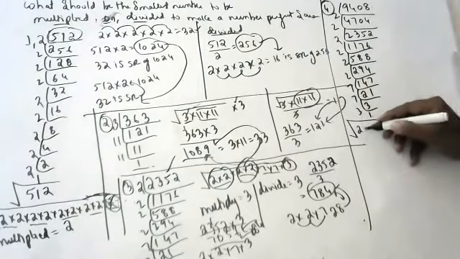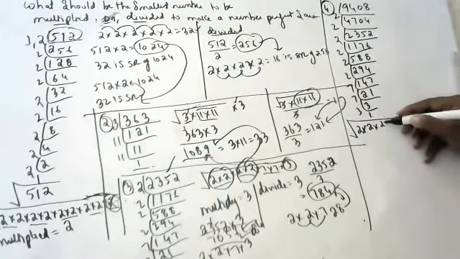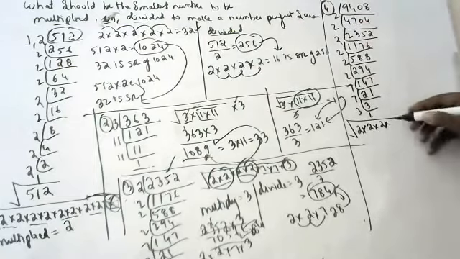So 2 into 2 into 2 into 2 into 2 into 2, that is 1, 2, 3, 4, 5, 6.